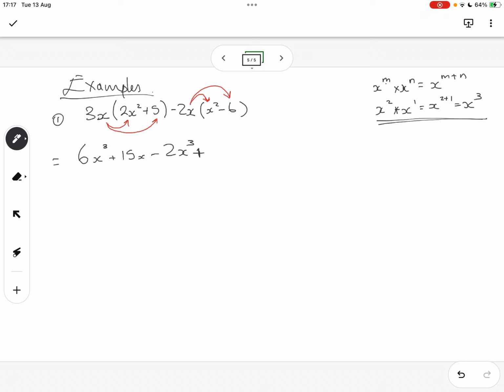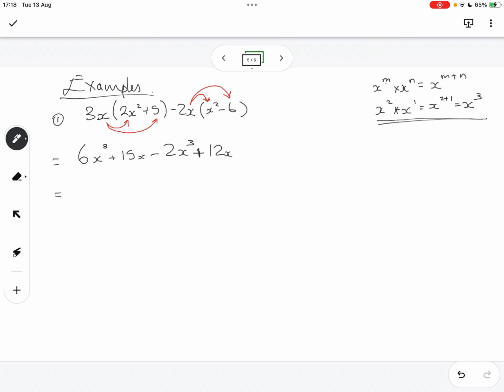And then we have positive 2 times 6, which is 12. Remember, you're being recorded, so if you get it incorrect, it shows you're not thinking about it. So negative 2x times negative 6 will give us 12x.